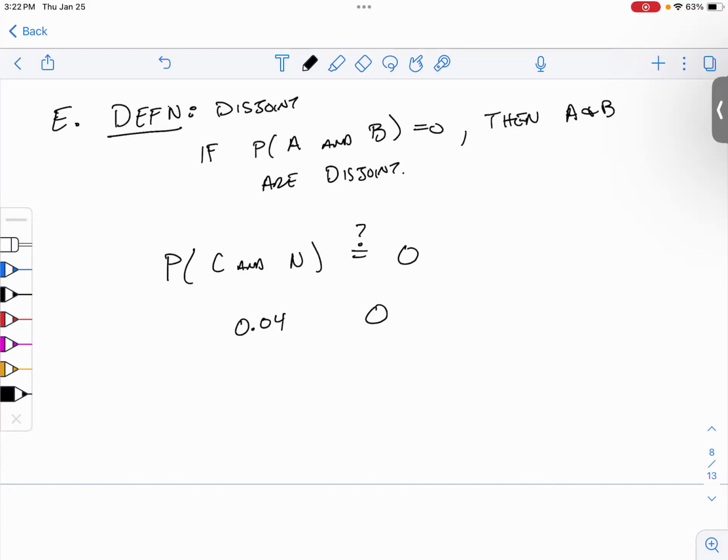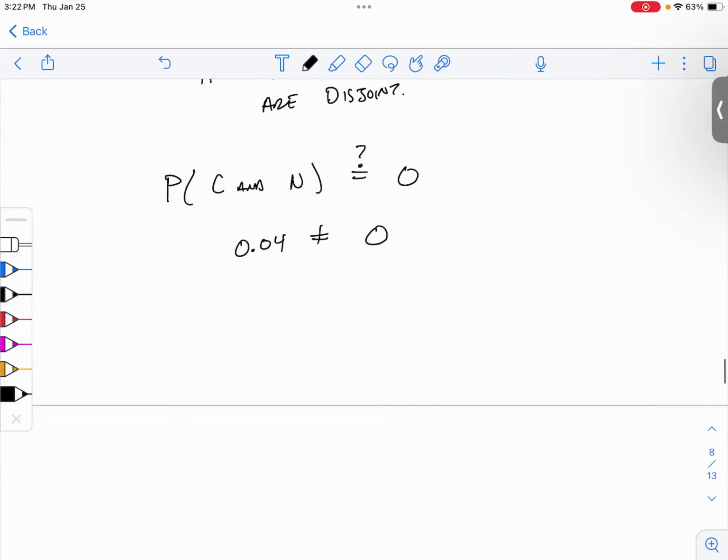No. Disjoint is not like independent, where we have something called practically disjoint. That does not exist. So this is a definition. The probability could be 0.00001, and that is still not equal to 0. All right, so 4% is not equal; the values are different.